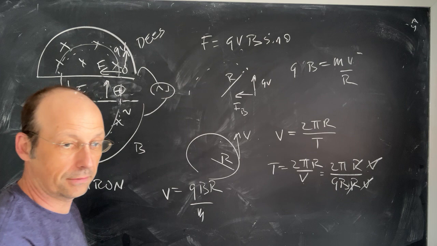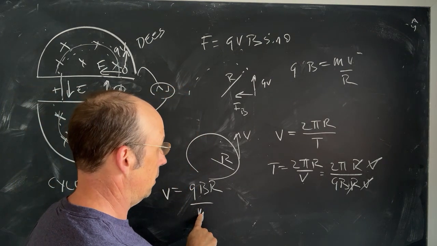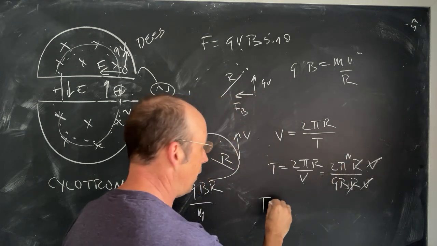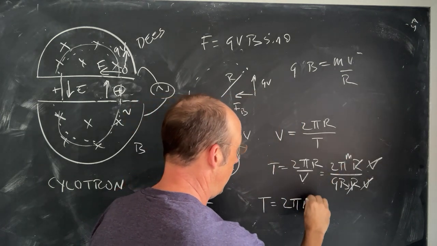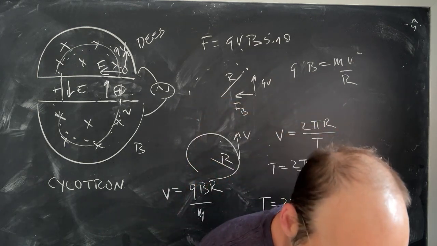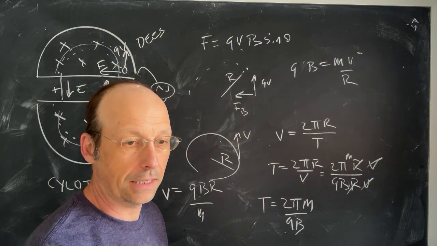The r's cancel. Oh, the mass. Where'd the mass go? The mass is up here. So I get the period of oscillation is 2 pi m over qB. Is that what they said in the problems they gave you? 2 pi, yeah, I got it right. Okay, that's a thumbs up for me.